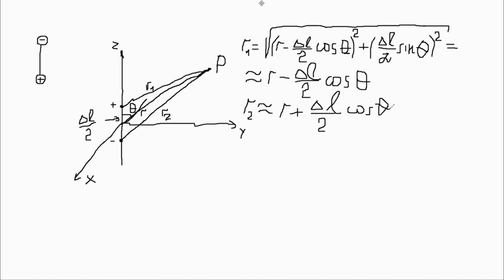So the difference in length between R2 and R1 will be approximately equal to delta L multiplied by cosine theta.